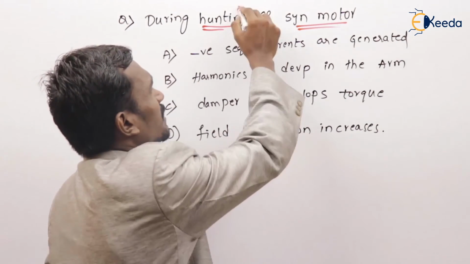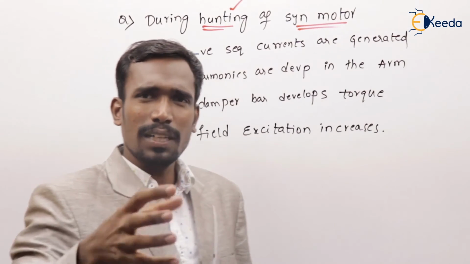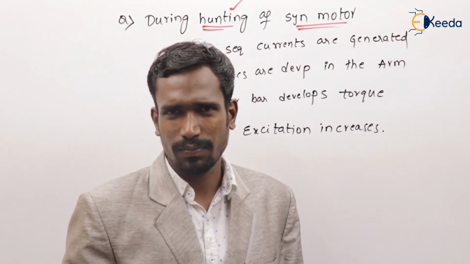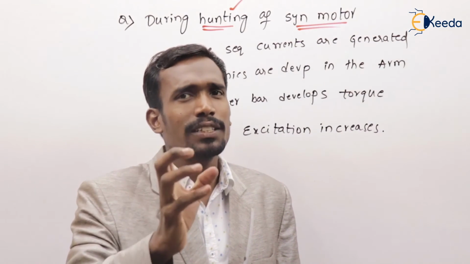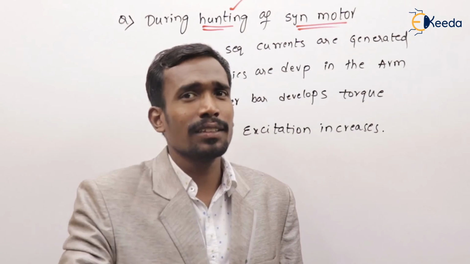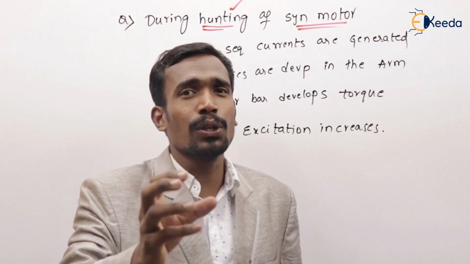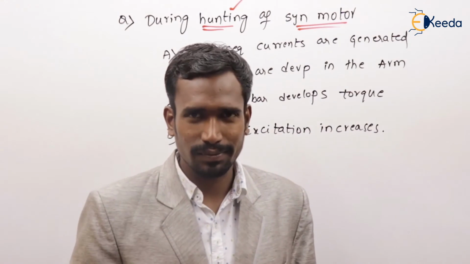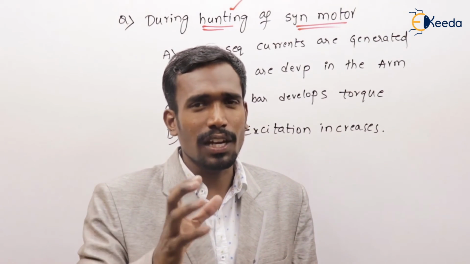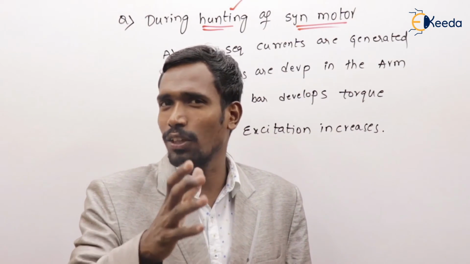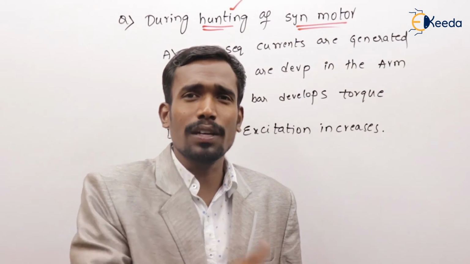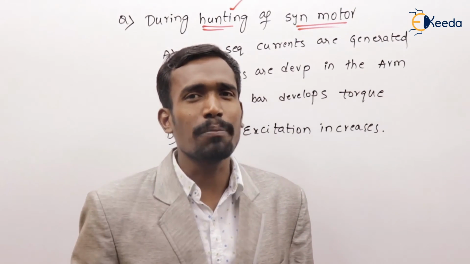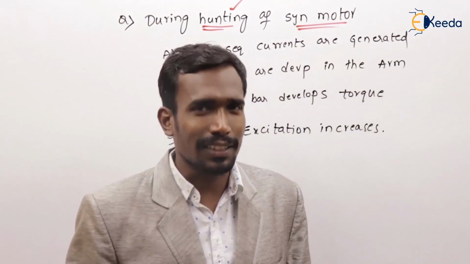So first of all, what is hunting? Hunting is nothing but sudden changes or vibrations in the rotor. When hunting takes place in a synchronous machine, the damper bars produce the damping torque, which eliminates the hunting.